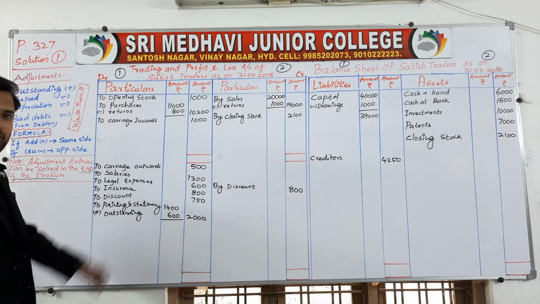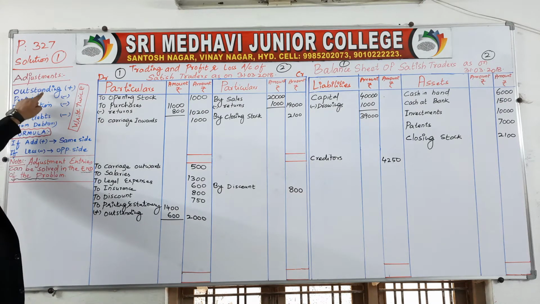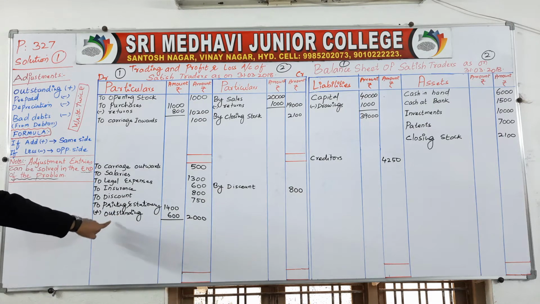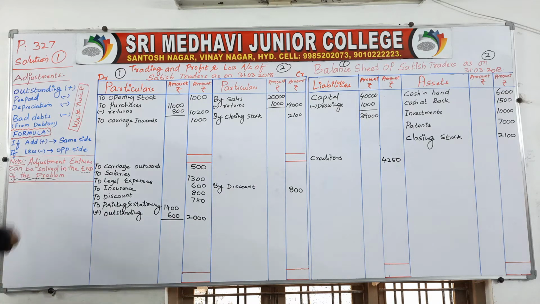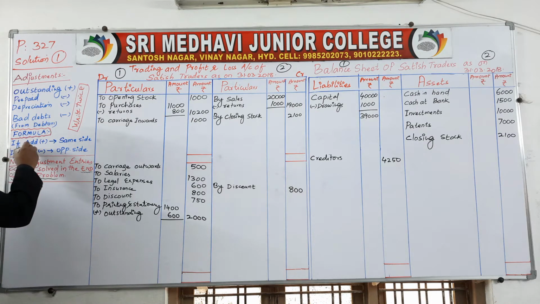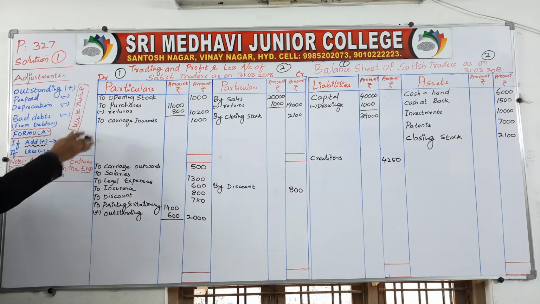Each and every entry should be written twice. You have written once here. Next time where you are going to write, go for the formula. If add, same side.